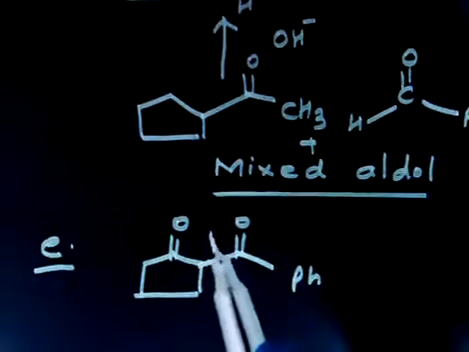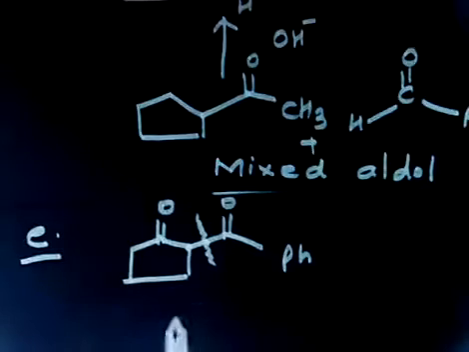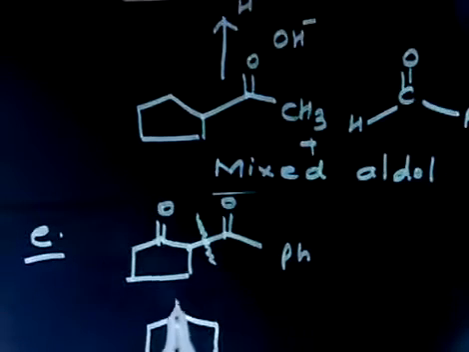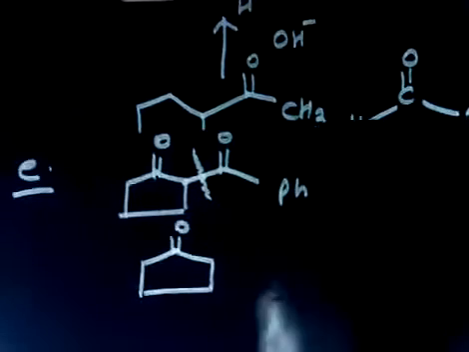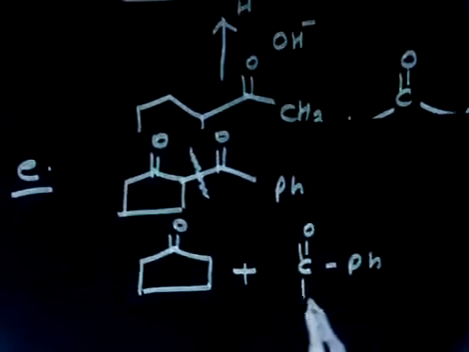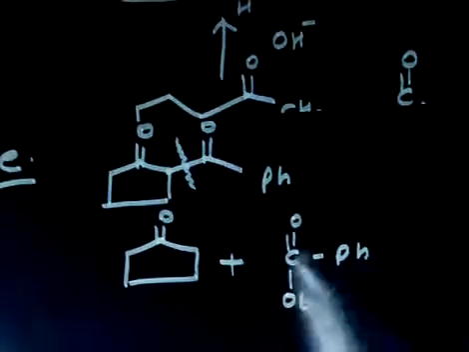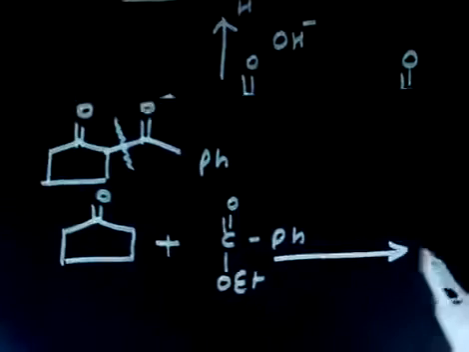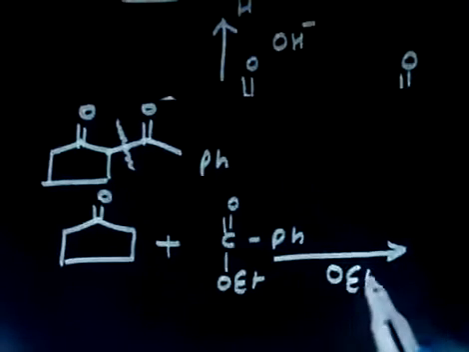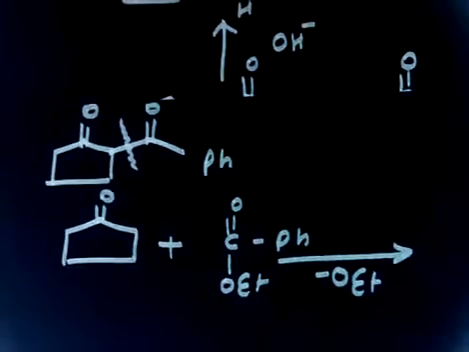If you think about this bond, what you can do is take a minus here, so you can take simply cyclopentanone, and this side PhCO and OEt. If you treat these two with OEt minus, what will happen? OEt minus will make a carbanion here, this carbon will attack here, and the leaving group will go. In that case you will get the same compound.